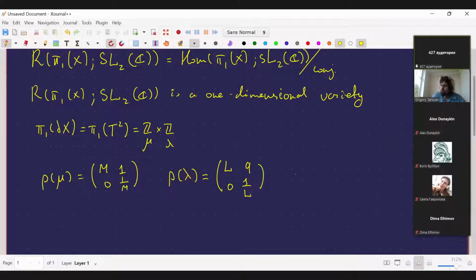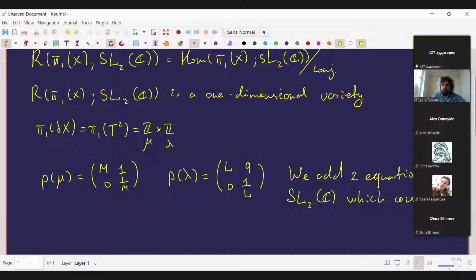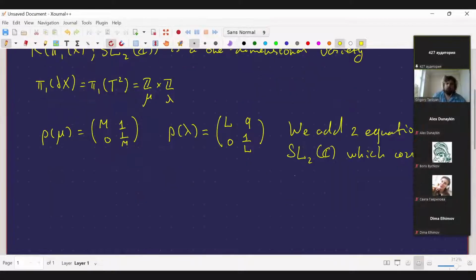And so we just add two equations, which correspond to the fact that the lower left entry of the two matrices should be 0. So we add two equations to C, which correspond to this entry here being equal to 0 in both matrices.